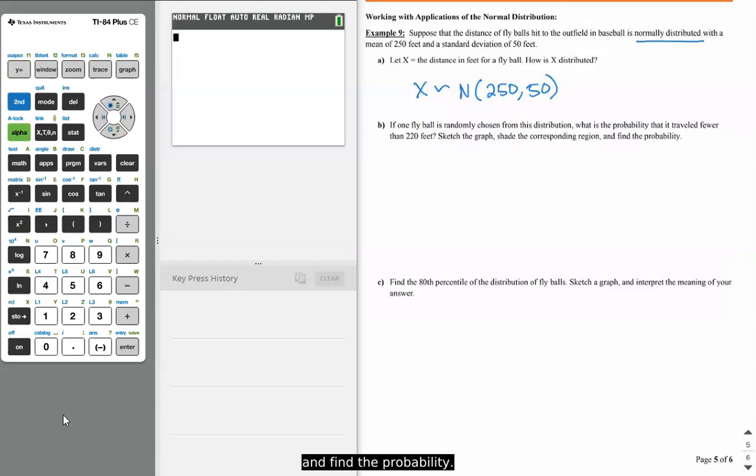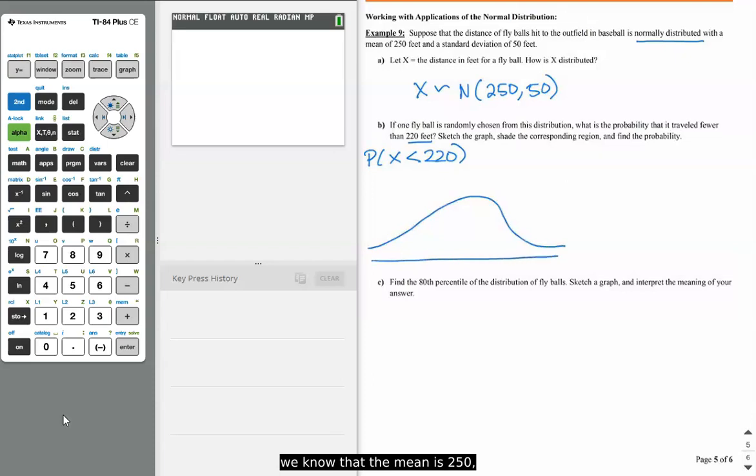So it wants less than 220 feet. So the probability that x is less than 220 feet. If I draw my curve, we know that the mean is 250. 220 is below that.